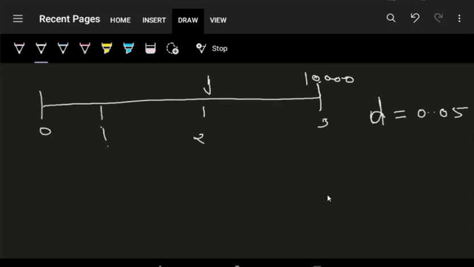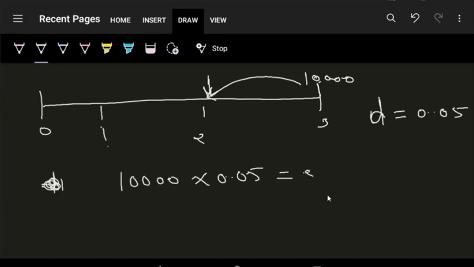So here, let's calculate. Since g is equal to 500, I can calculate the type 2 interest as follows.